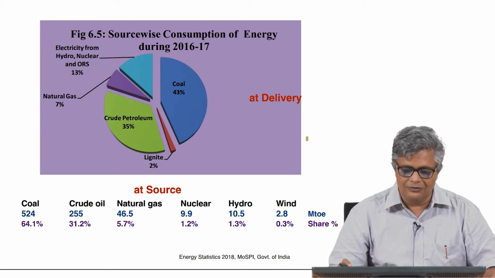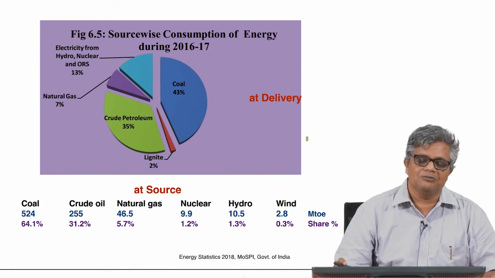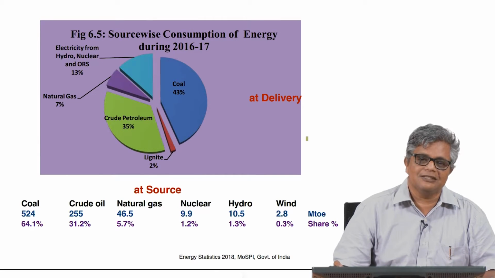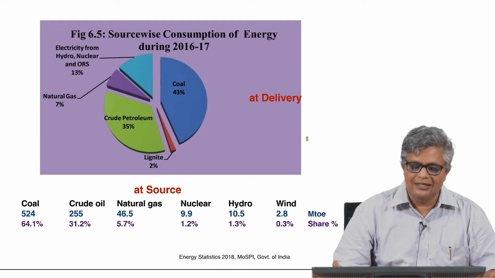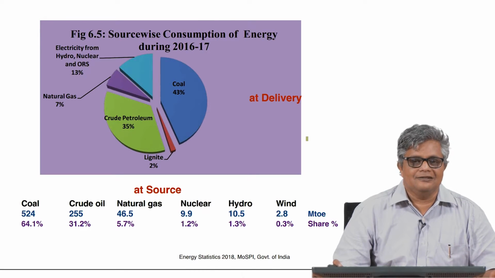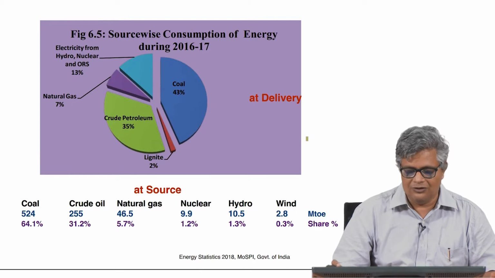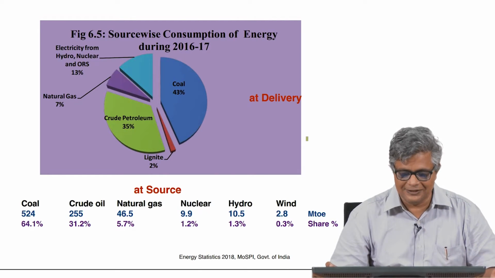And we would also like to make a distinction between the installed energy capacity, the power generation capacity in terms of megawatts, and the extracted generated electrical energy in terms of megawatt hours or kilowatt hours or units of electricity.